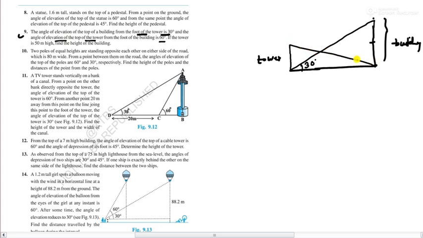So from here they have given this angle as 60. If the tower is 50-meter high, means this side is 50-meter, find the height of building. So this length we have to find. So let me name this as AB. AB is tower and CD is building. Got it?